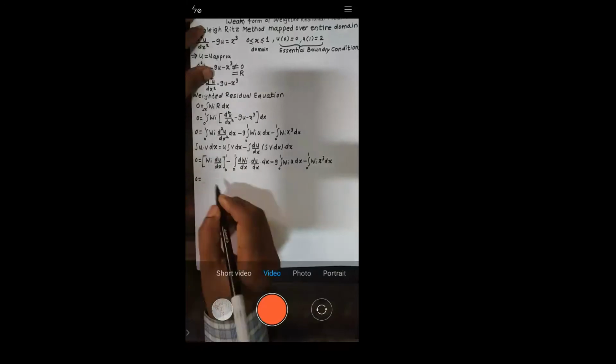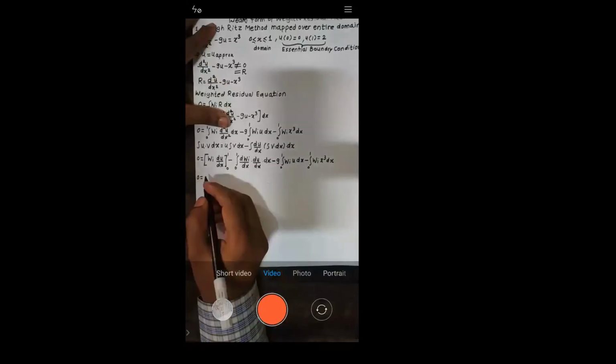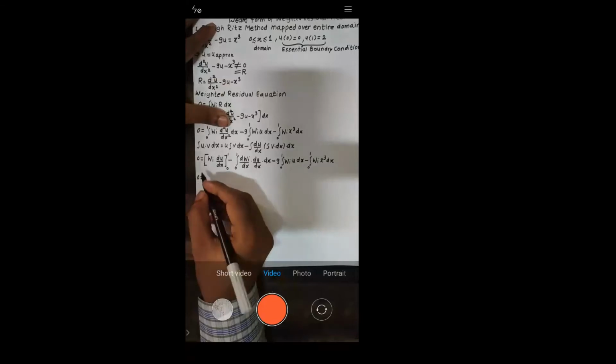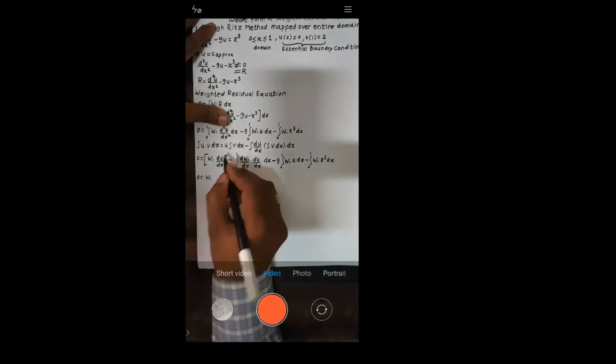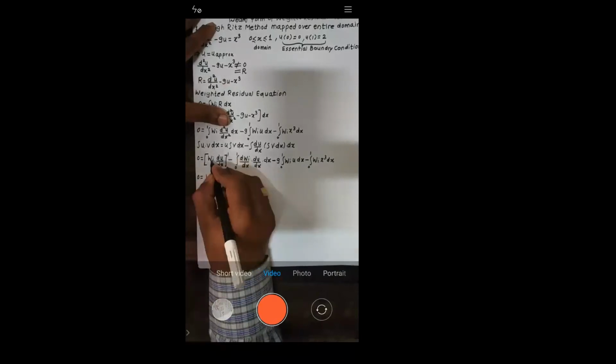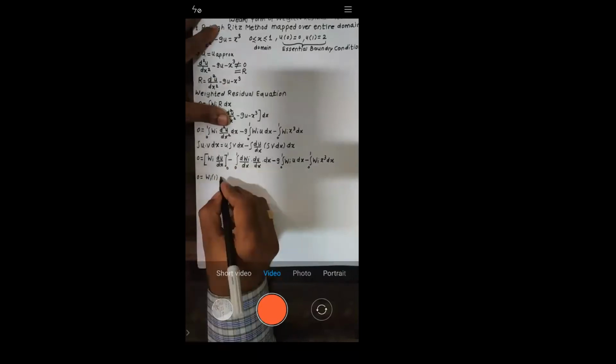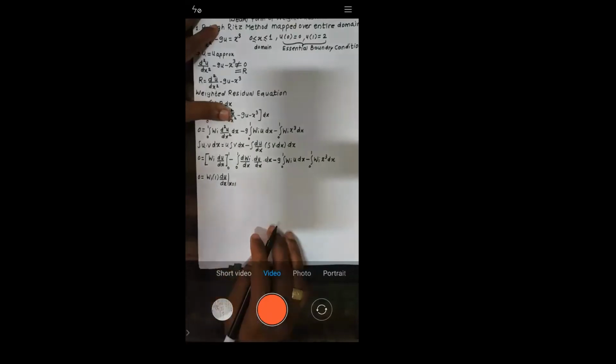So 0 is equal to, right? So how should I write down this term? This is how you're going to write it down. I'm giving first the upper limit. So this is the weight function at x is equal to 1 into du by dx at x is equal to 1. Is it okay? This is the upper limit I have given.